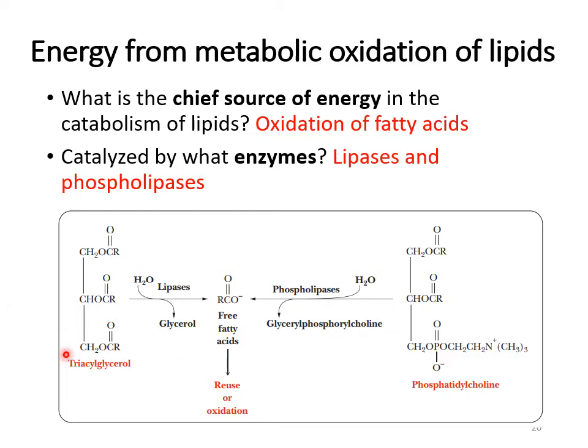Triacylglycerols, which you see here, we've mentioned before, are the main storage form of the chemical energy of lipids. And the phosphoacylglycerols, which are important components of biological membranes, are also going to have fatty acids as part of their structure that can be broken down if necessary.